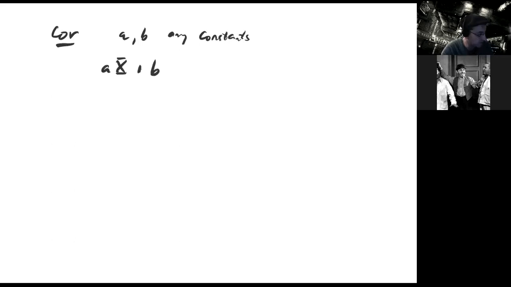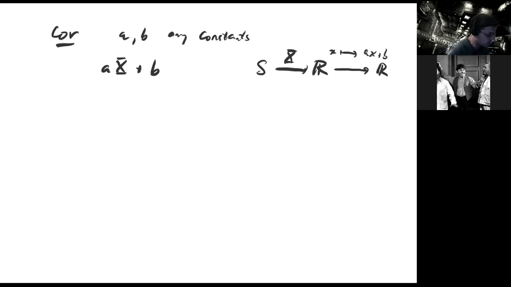That's a new random variable. X is a function from the sample space to the real numbers, and then we have another function which sends a point x to a times little x plus b. So that composition is aX plus b.